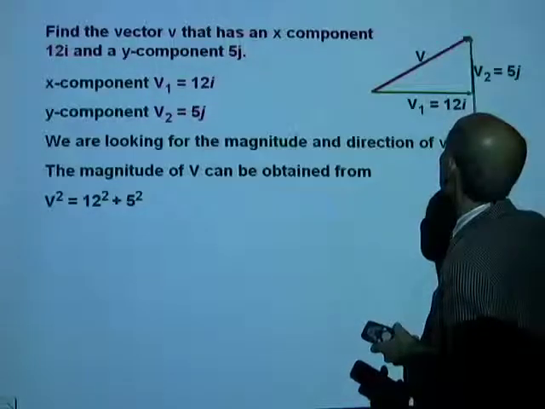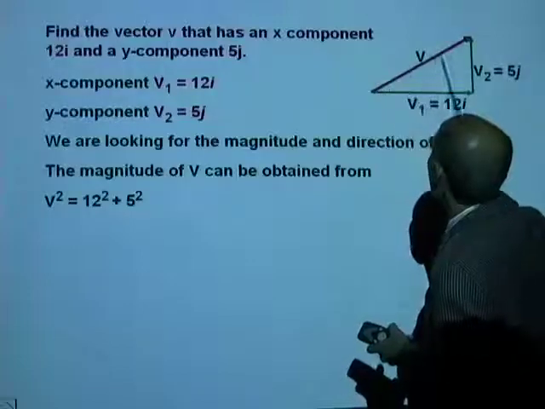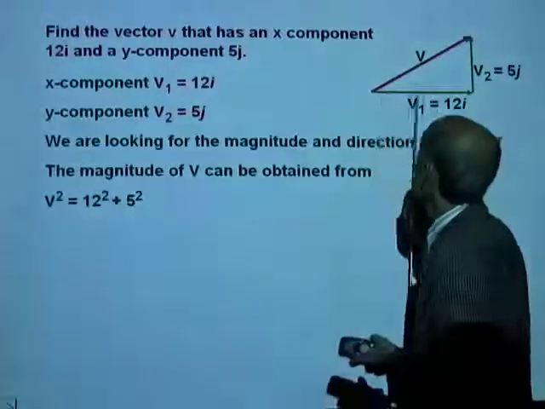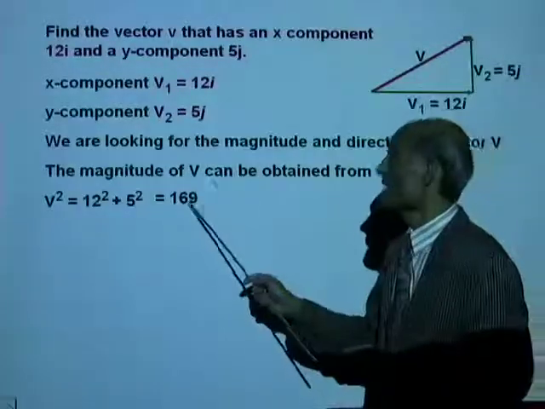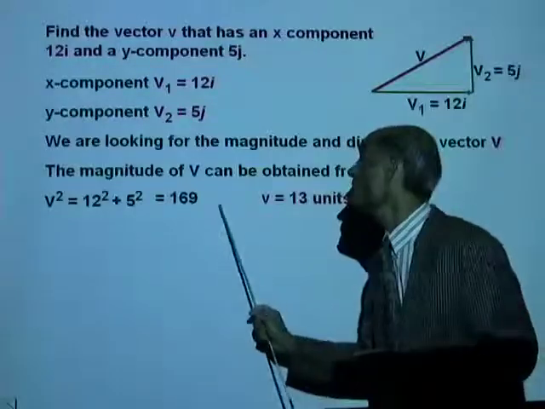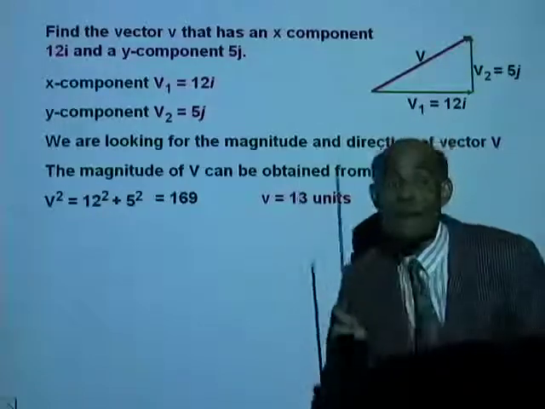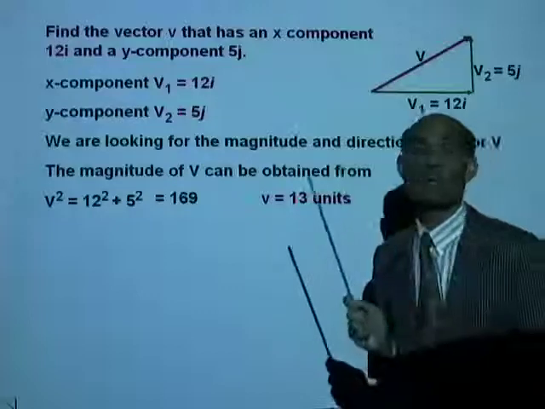The length of the second leg is 5. So the square of the length of the hypotenuse, we call v squared, equals 12 squared plus 5 squared. And that is 169. Therefore, v equals 13 units. This is the magnitude of the resultant vector v.